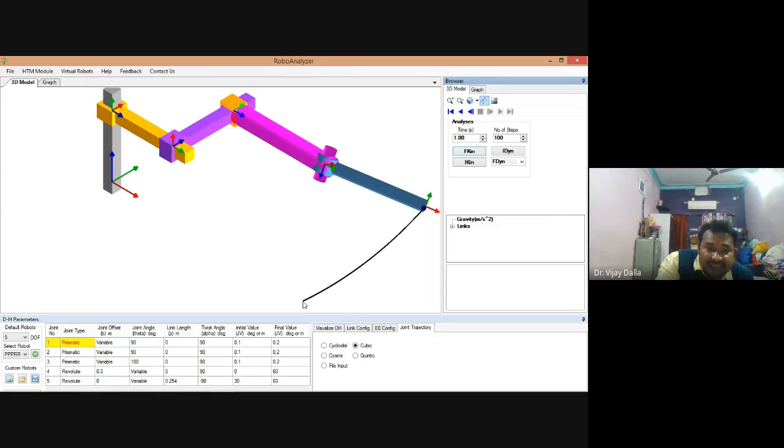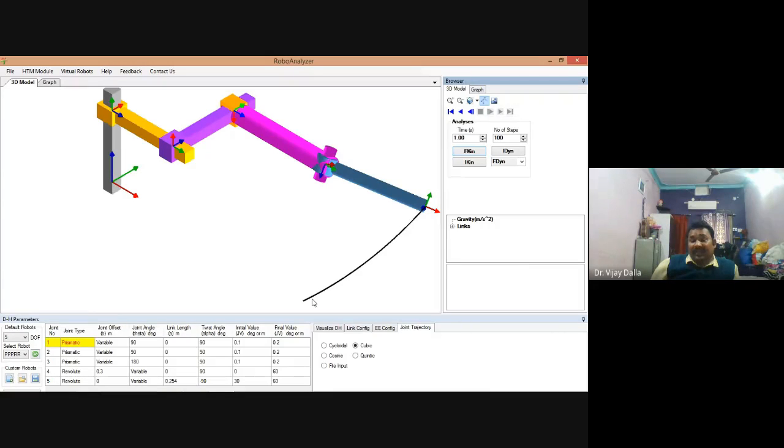The path traced by the robot tip over time is known as the trajectory. Now, forward kinematics we have done.